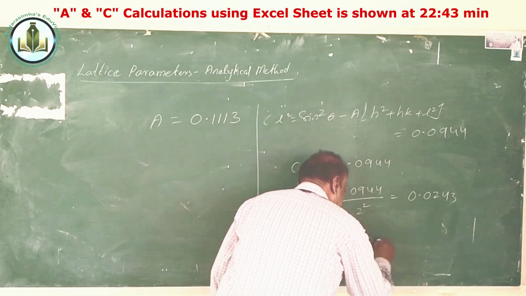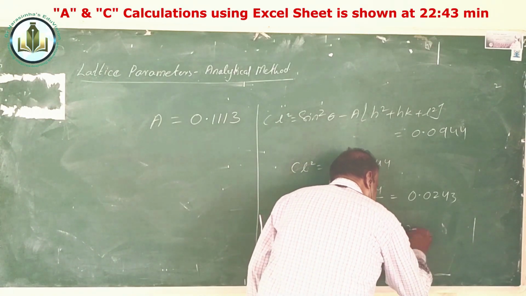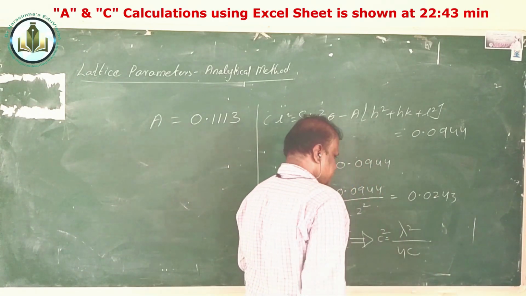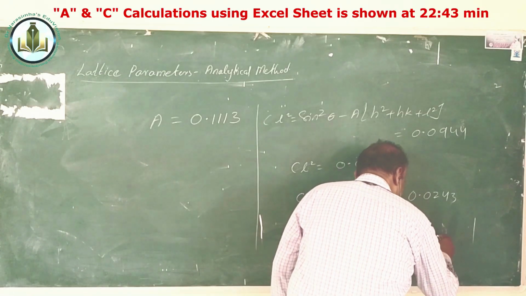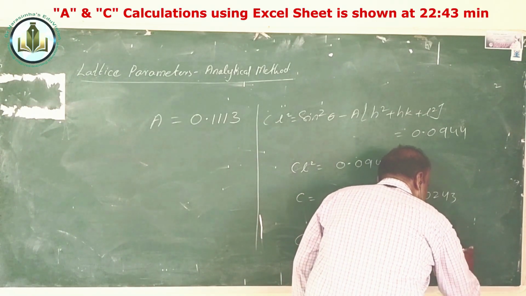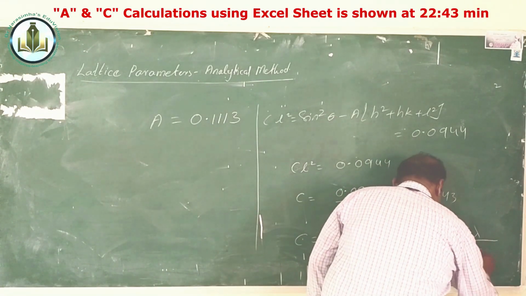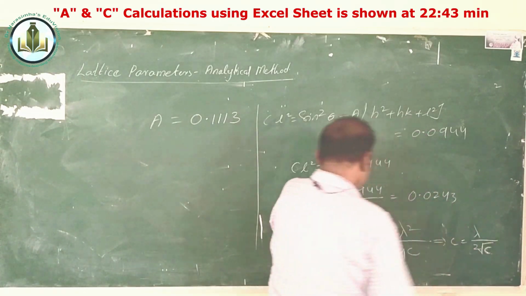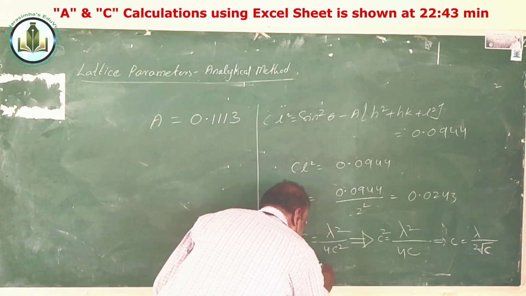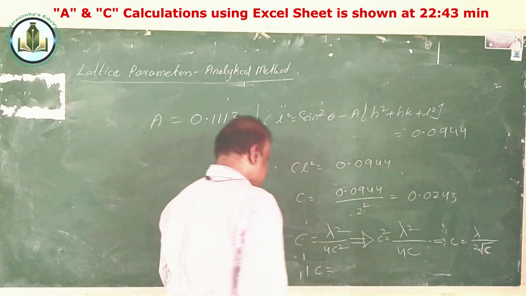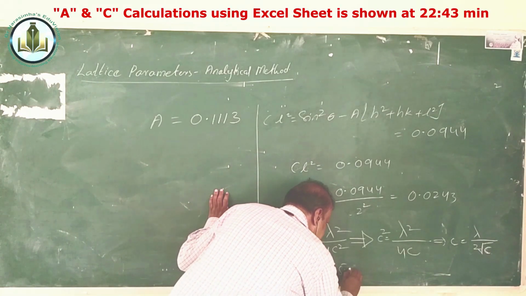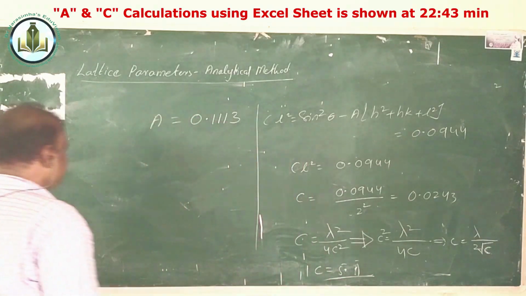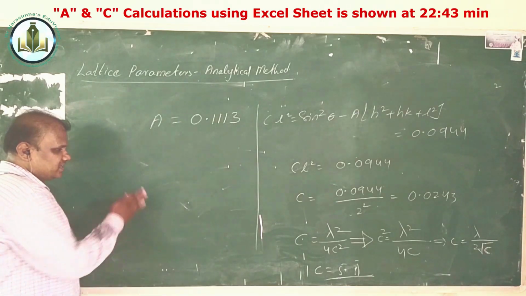From this equation, the lattice parameter c equals lambda divided by 2 into under root of capital C. This capital C is nothing but this one. If you calculate the lattice parameter, it will be nearly 5 point something, that is 5 angstroms. You can verify with the given value from the book.